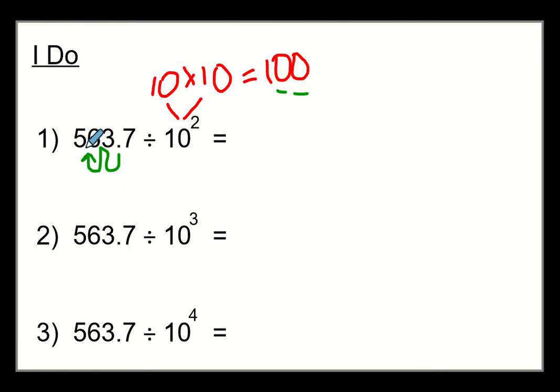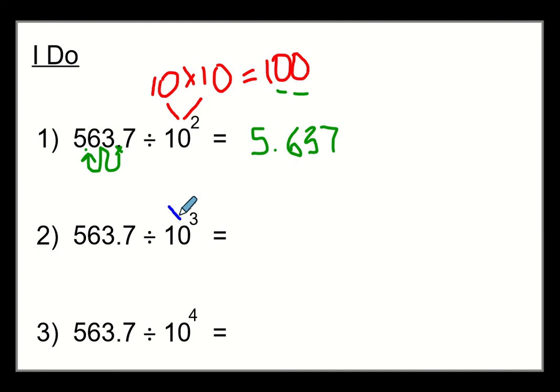So I'm going to drop that decimal right there in between 5 and 6. I will also cross out that old decimal. So 563 and 7/10 divided by 10 to the second power equals 5 and 637 thousandths.